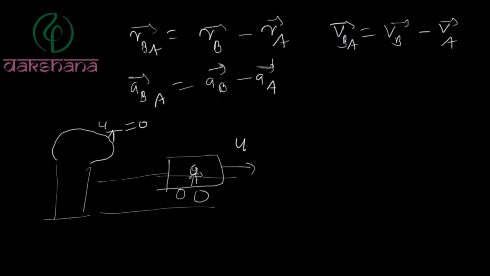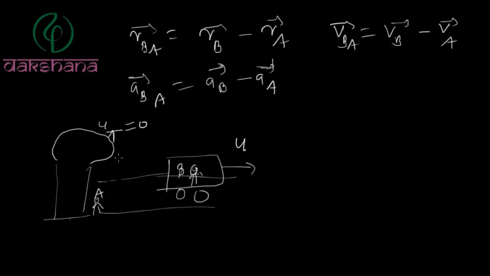Since the car is moving with velocity u, this man standing or sitting in the car is also moving with velocity u as seen from this observer, let us say this observer A, this observer is B. With respect to A, B is moving with velocity u.